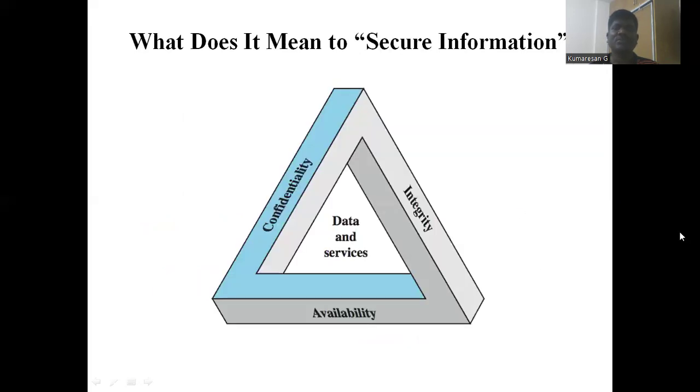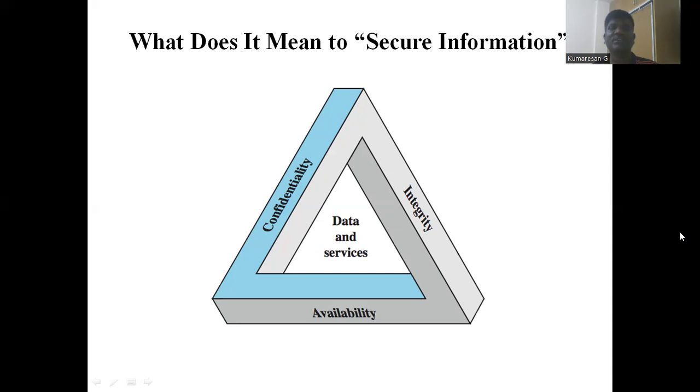Now let's see what cryptography means to secure information. In order to secure our confidential information, we must satisfy these three security principles: confidentiality, integrity, and availability. These are the major, basic, and mandatory principles we need to satisfy.